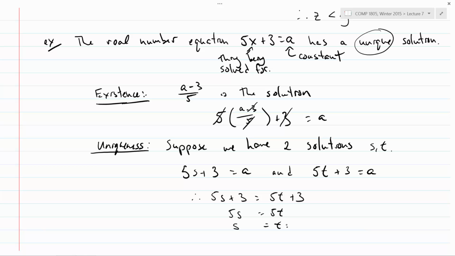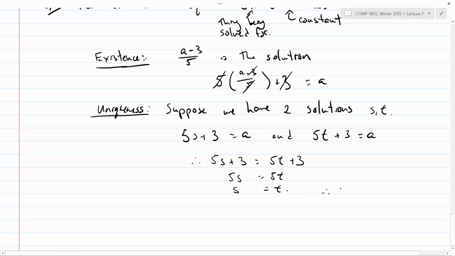Yeah, if we have two solutions, then they should be different, but I just showed that in fact they're the same. Therefore, the solution is unique. You don't even need to go to a proof by contradiction for this. This just shows that if you have solutions s and t, then s equals t.